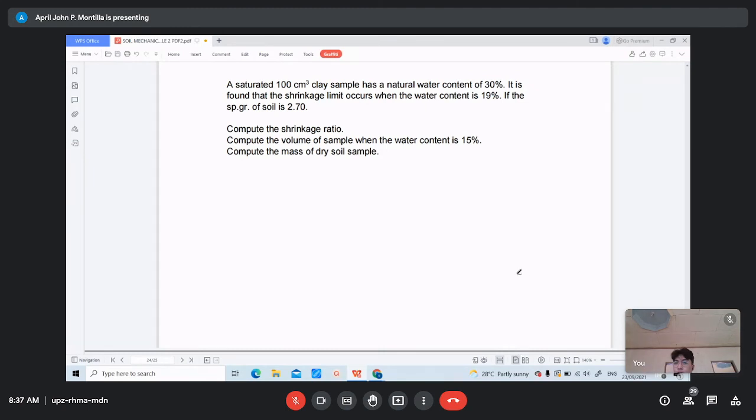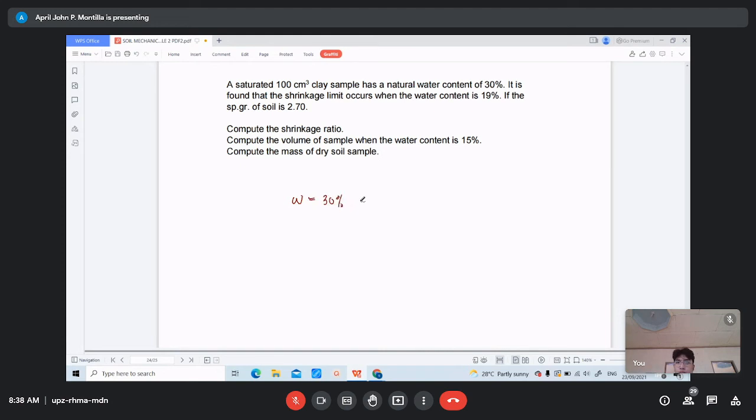Okay, ano yung mga binigay sa problem natin? Water content po na 30%. Okay, water content 30%. And that water content has a corresponding volume, di ba?